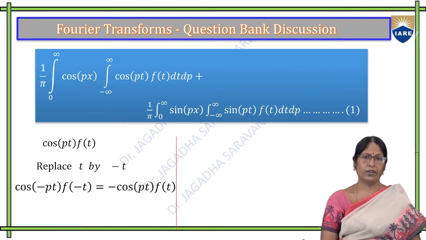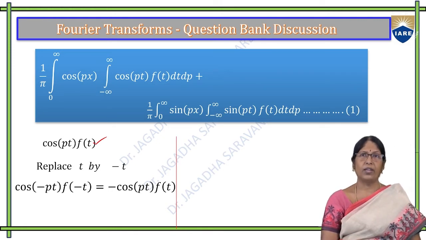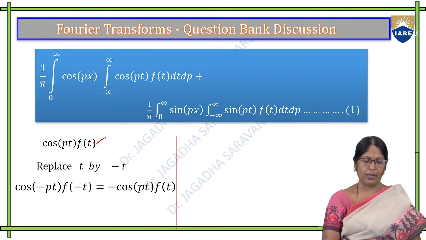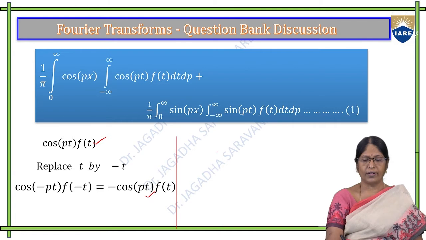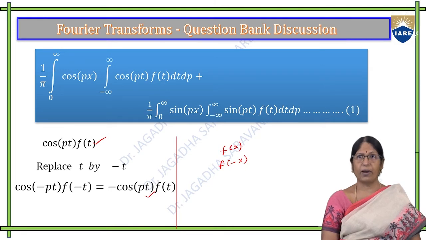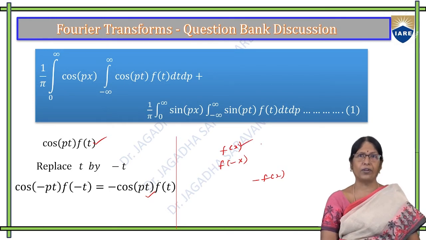So this is the function we have taken after replacing t by minus t. We obtained this result: that is, f(x) with x replaced by minus x gives minus f(x). That is just the opposite sign of the function we have taken.